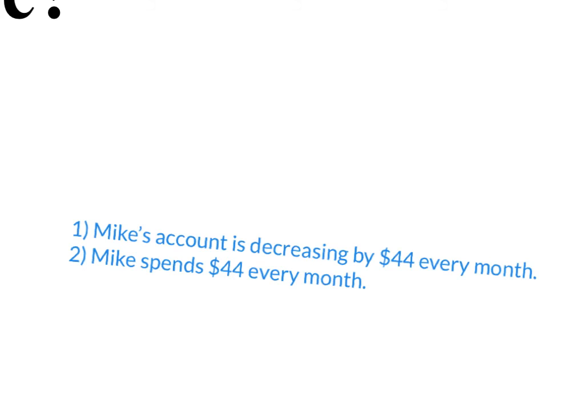Interpretation number two: Mike spends $44 every month, or for every 1 month that passes, the account of Mike is expected to decrease by $44. That's a general interpretation, and it varies from person to person, but for me, this is one of the best interpretations for this line.